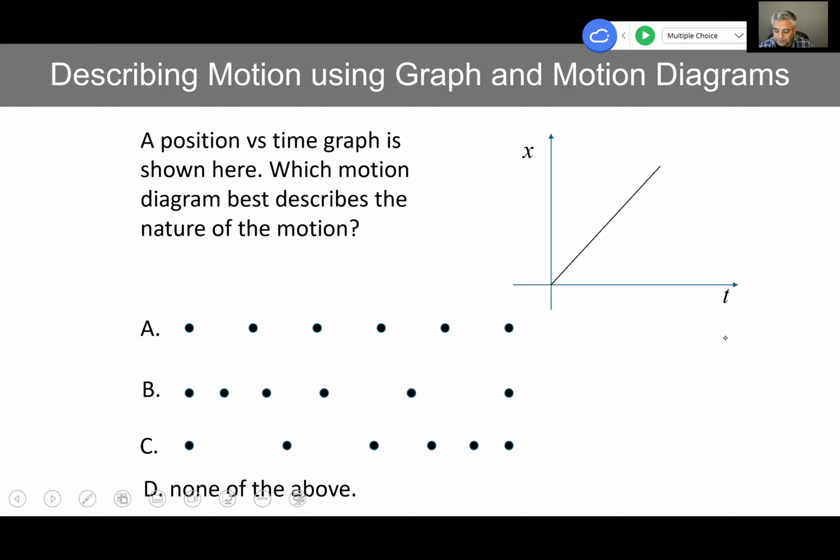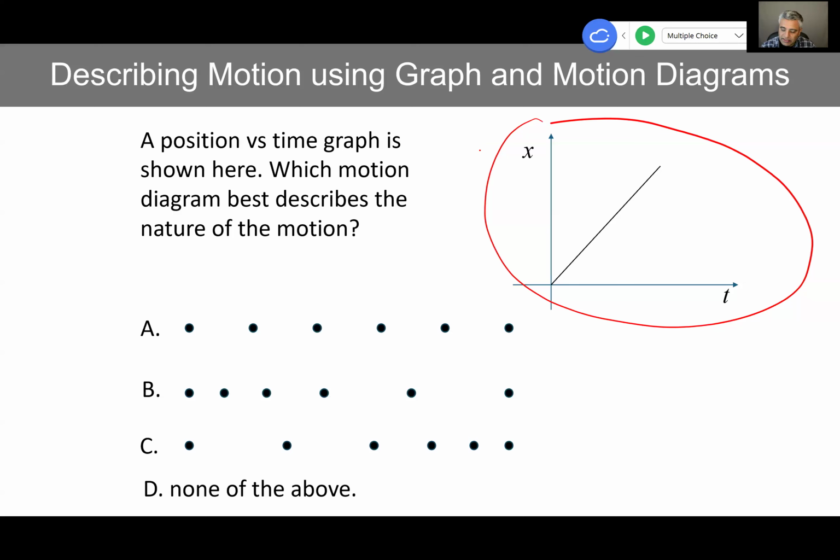So now here is a position versus time graph, and you need to tell what kind of motion it is. Which motion corresponds to which motion diagram shown there, right? Or none of these.